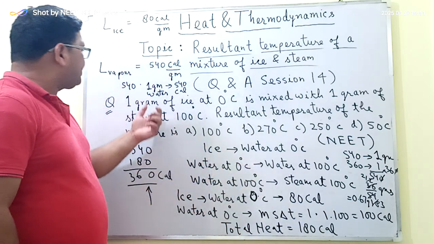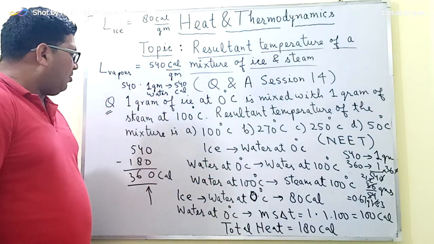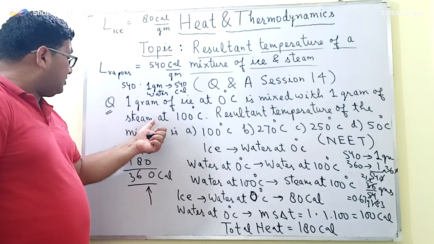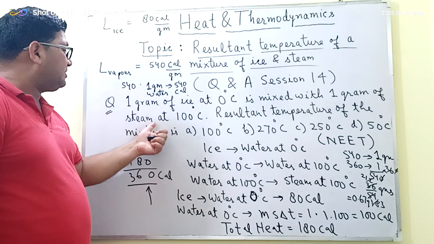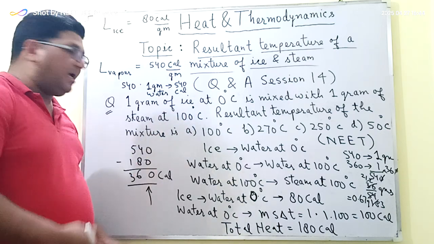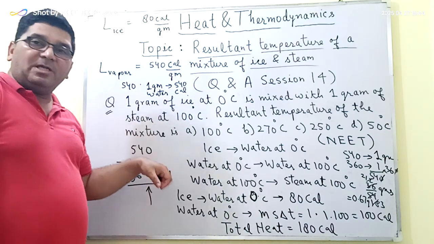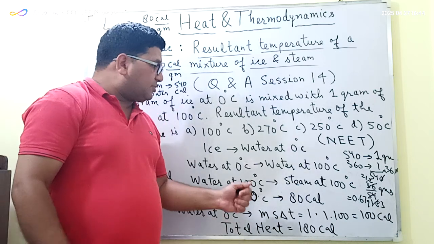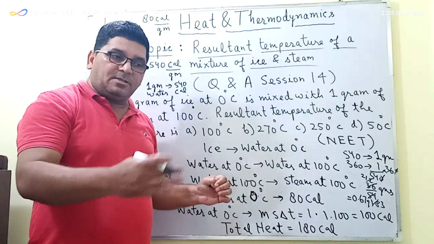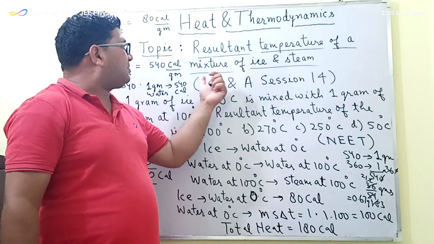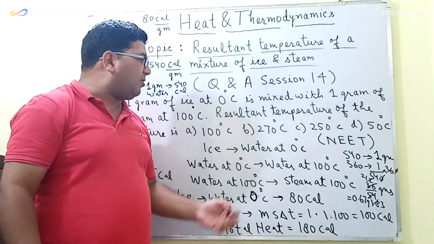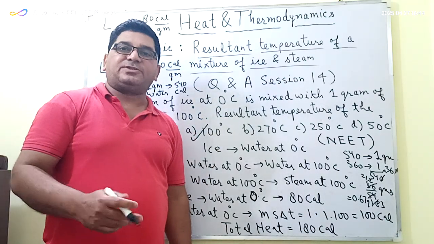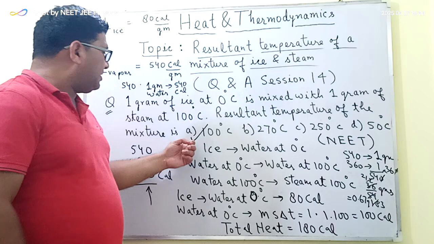And when this 540 calories of heat energy is utilized, which is available with this steam at 100 degrees centigrade, this steam will get converted into water at 100 degrees centigrade. So the resultant temperature of this mixture of ice and steam will always be 100 degrees centigrade, and this mixture will be a mixture of steam and water. So the correct option here is A.